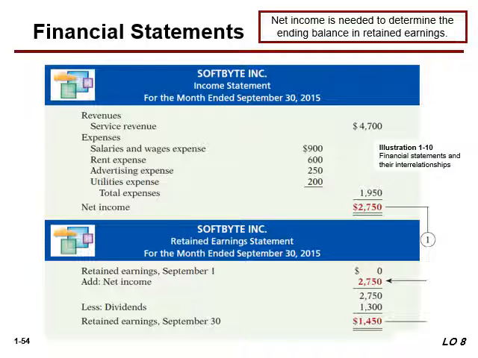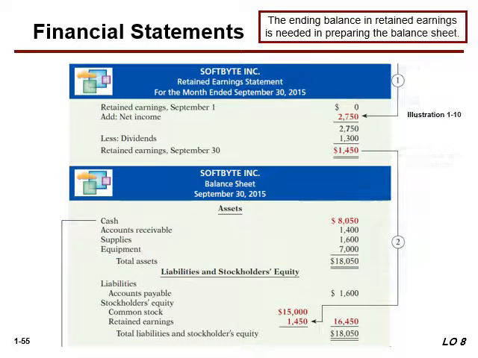We add 2,750 to the retained earnings beginning minus dividends, equal to the final amount, retained earnings ending 1,450. This amount should be transferred to the balance sheet or statement of financial position.